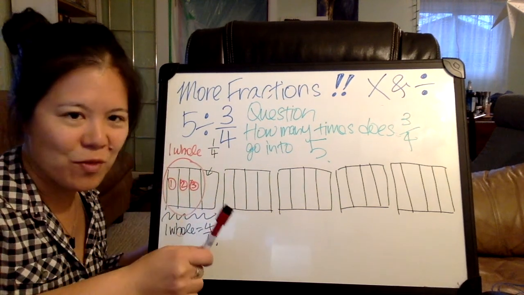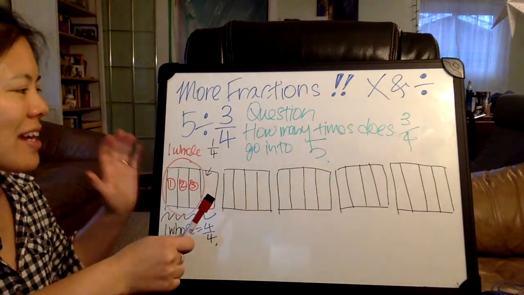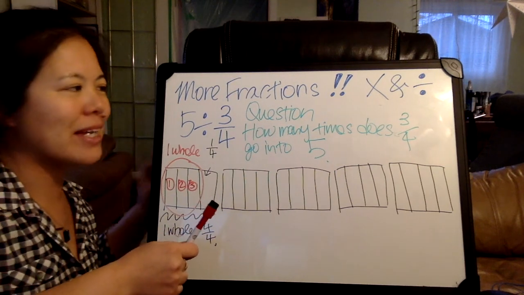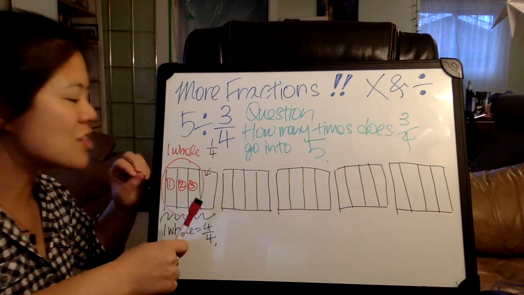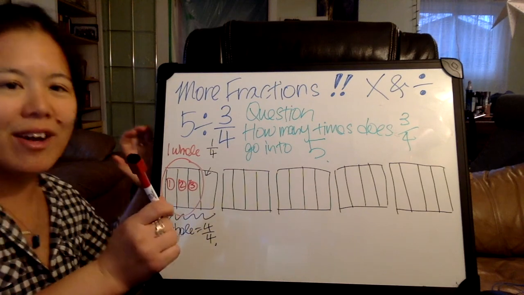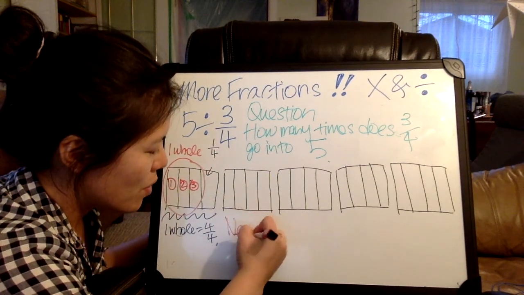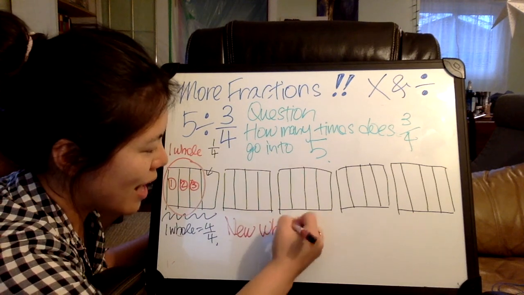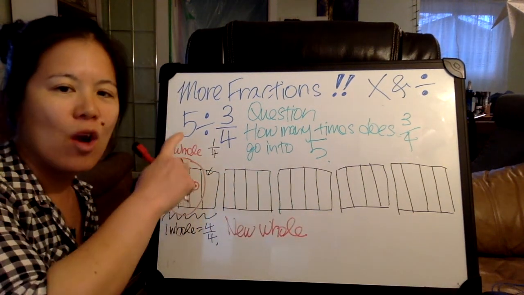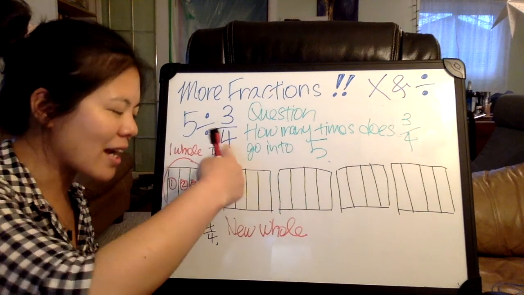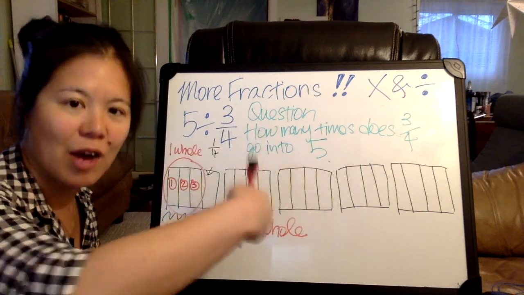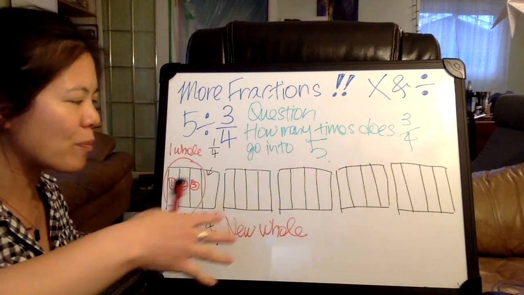Yes, I did. I haven't forgotten. But now that I'm counting how many times 3/4 go into 5, we are actually creating a new whole. This is my 1st time, this is my 2nd time, and 3rd time, and I'll keep on counting until I run out of pieces.